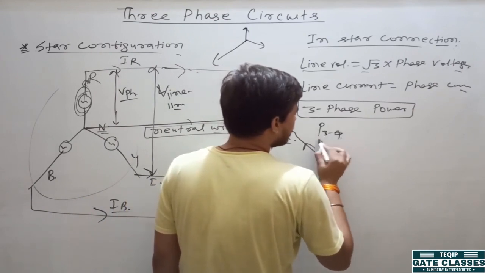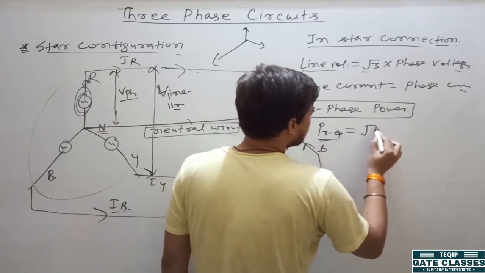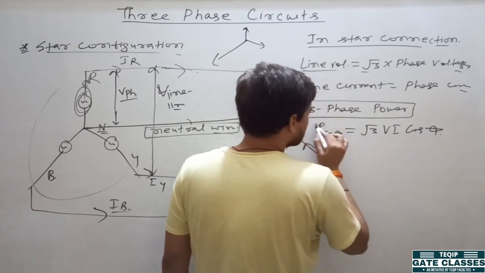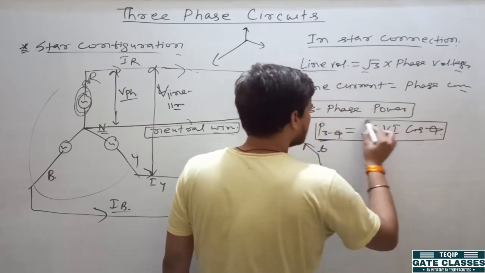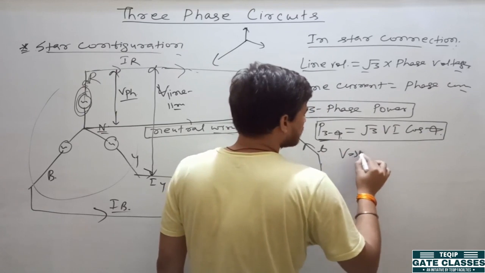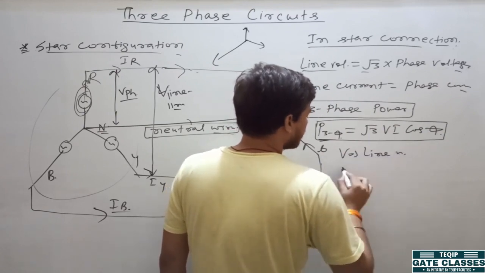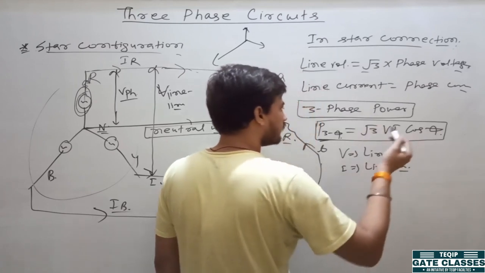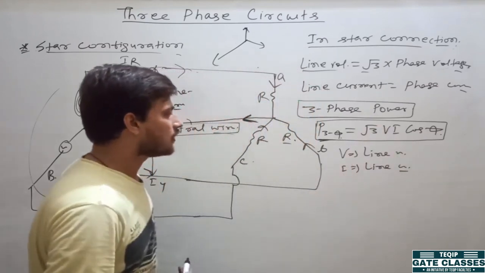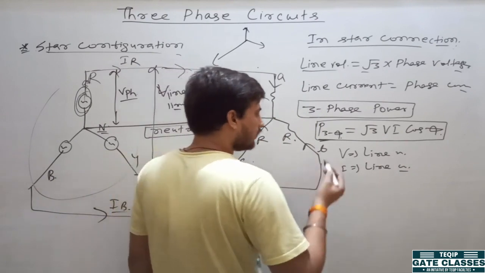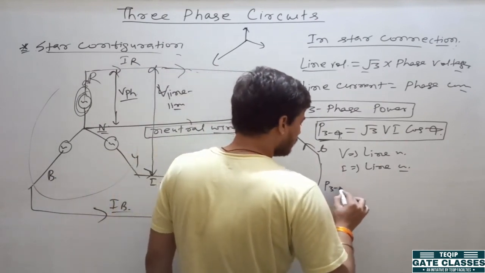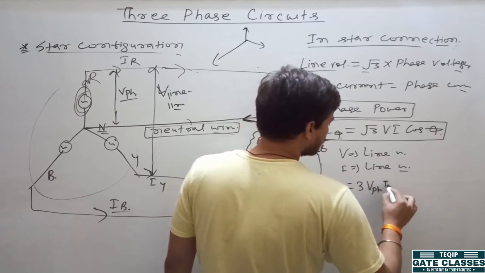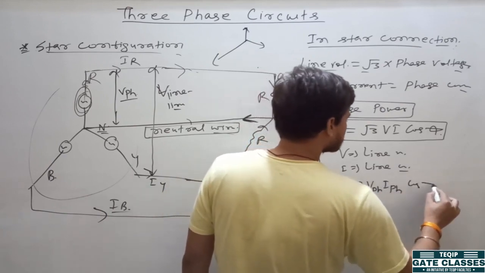I am writing P 3 phase equal to root 3 VI cos phi. Remember this formula, root 3 VI cos phi, where V is line voltage, I is line current, and phi is the angle between voltage and current. Clear? Now you will see another formula, P 3 phase equal to 3 into VPH into IPH into cos phi.